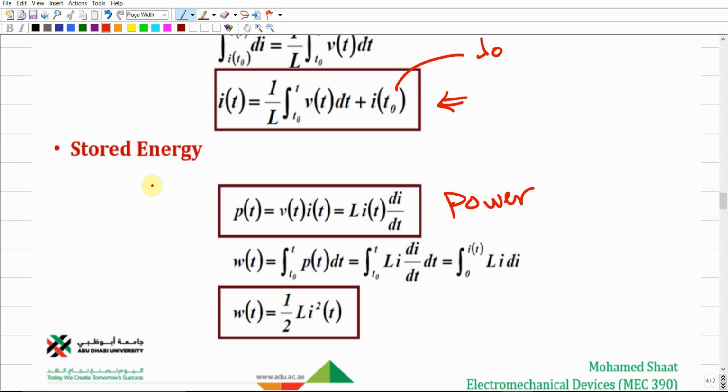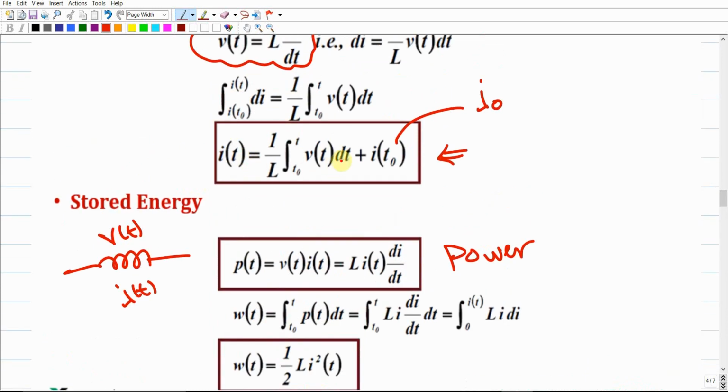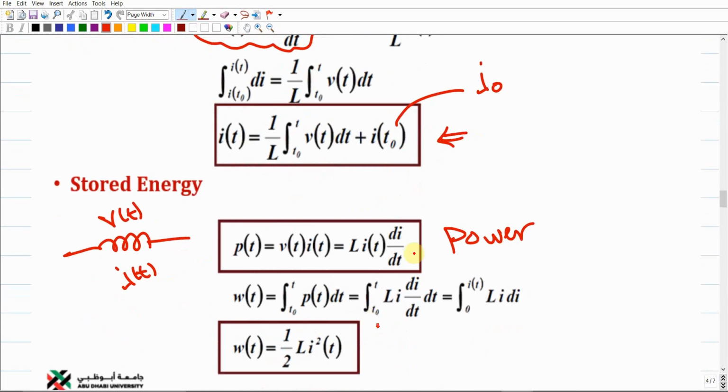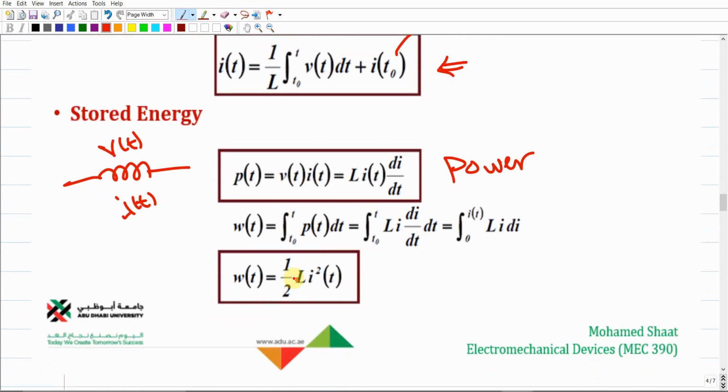So if we have a coil, and the voltage over this coil is V of t, and the current through this coil is I of t, then the electric power of this coil will be V times I. We define the volt as the derivative of the current, so if we substitute the volt with the current, we end up with this expression for the electric power through the coil.